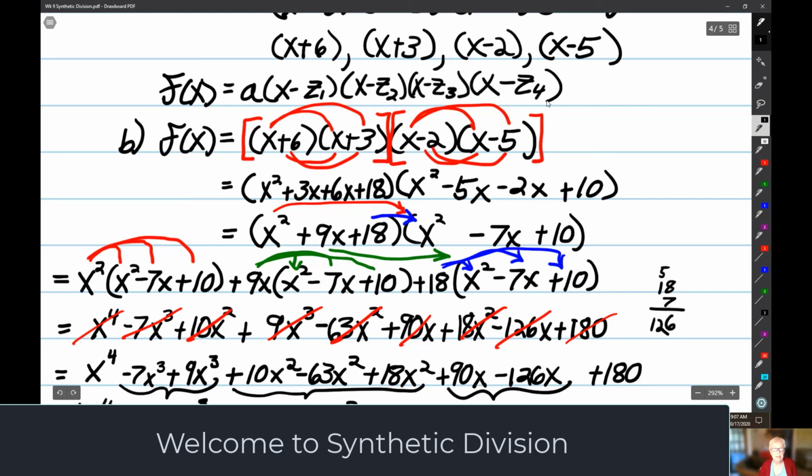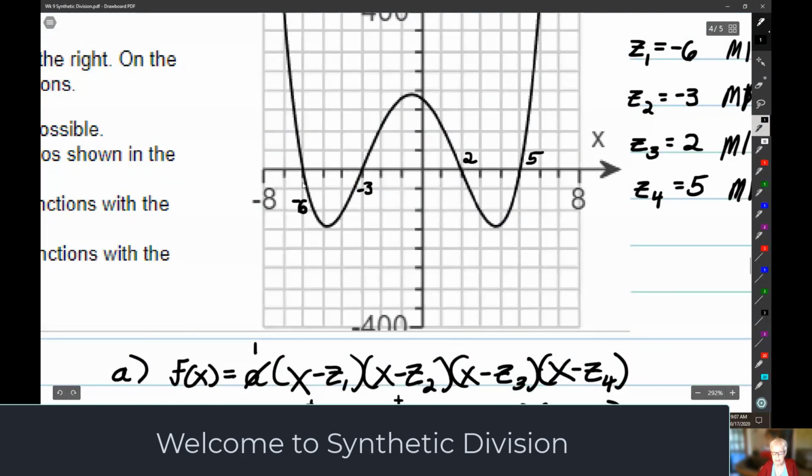There, that's the formula. By changing A, we change the formula. So there could be an infinite number of different A's, all having the same exact zeros.